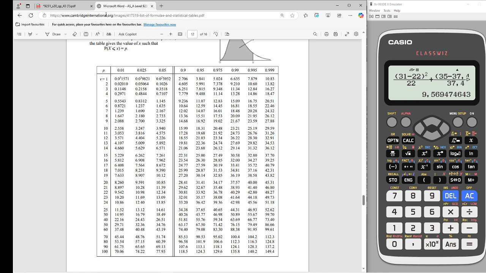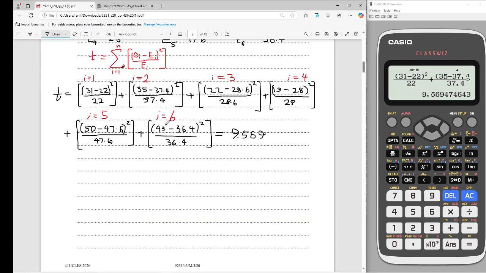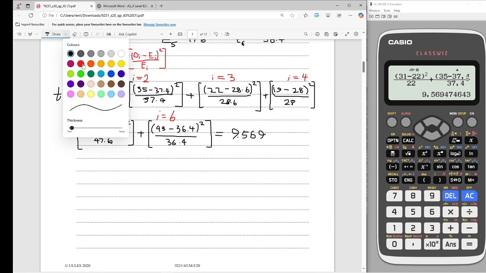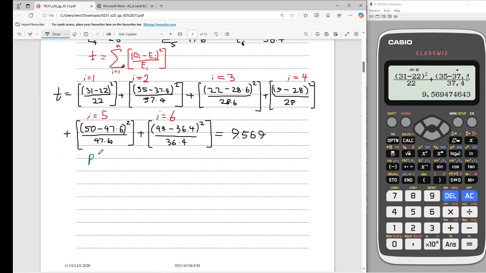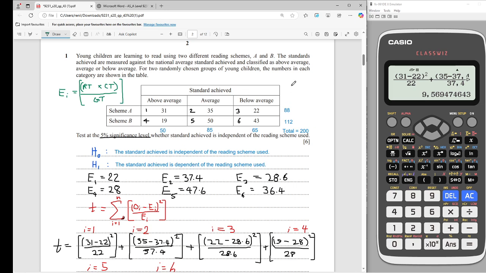How do we find p and nu? So first of all, we'll find p, and that is a little bit harder than finding the degrees of freedom, but it's quite simple. So p is equal to 1 minus alpha by 100. Okay, so whenever we have a chi-square test, alpha always represents this value over here, the number value you get.